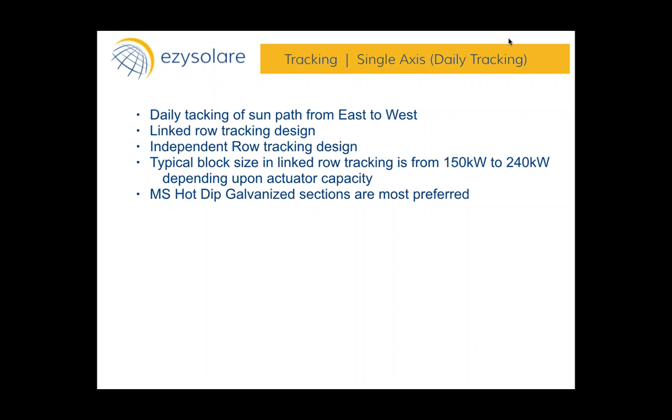To understand the leveling issue, we have to see that there are two broad categories of tracker technologies in the market. One is the linked row tracking, what we call the block size. In a block tracking, you are shifting modules of almost 250 kilowatt, 240 kilowatts in a single go. That is basically where a drive shaft and the torque tubes come into the picture, and only a single actuator drives these 250 kilowatts of modules.